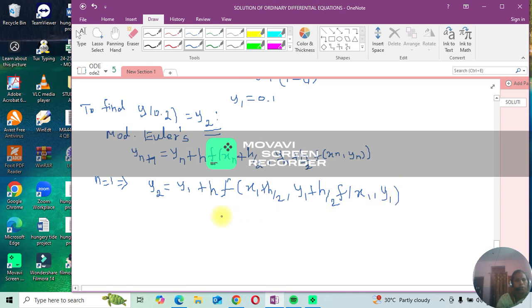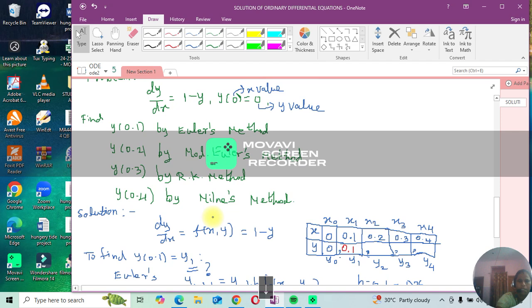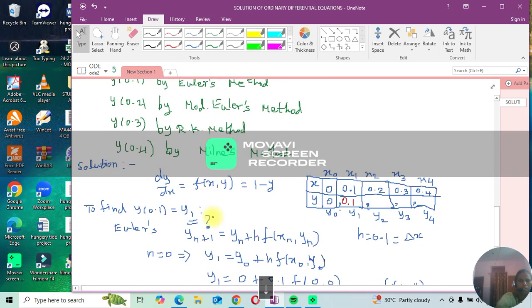Now we substitute x1 and y1. You can look at the table: x1 is 0.1 and y1 is 0.1. Now we want to find out y2. Let us take the calculator, since using a calculator we can get the values easily.